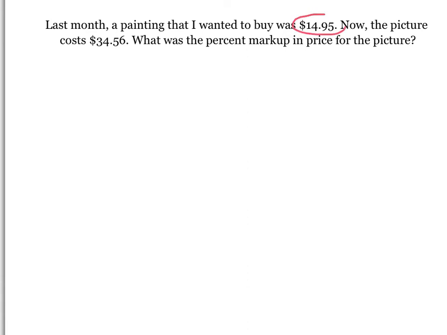Looking through my problem, I have two different numbers. I wanted to buy it when it was $14.95. So that was my original cost. Now it's $34.56. This is my new cost.